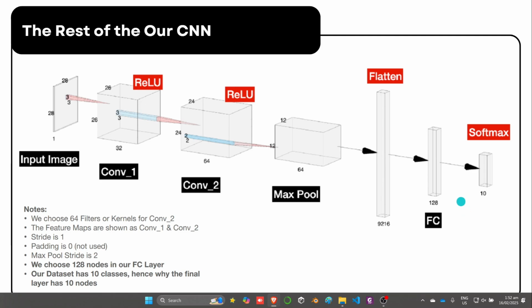And the output layer, the classes here: each output node represents a class. Remember, it's handwritten digits, so we have 10 digits, 0 to 9. So we have a node that represents the probability of the image being that class.